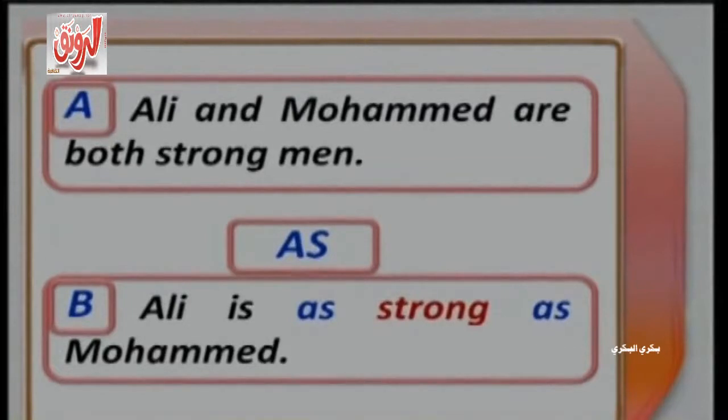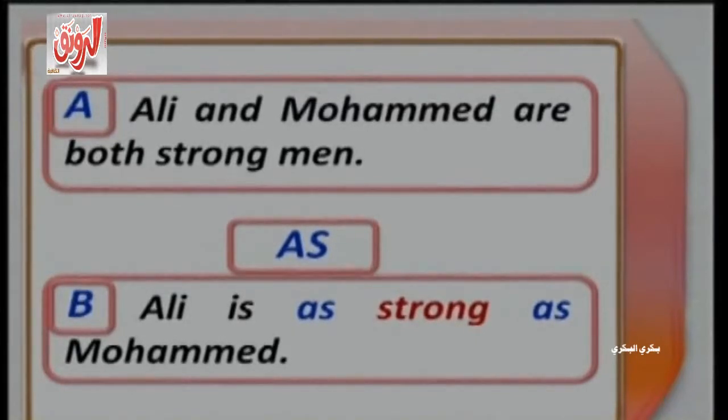A. Ali and Muhammad are both strong men. In B, you are given a word, as. Use as. When as is used, you should get a sentence of the kind: Ali is as strong as Muhammad.